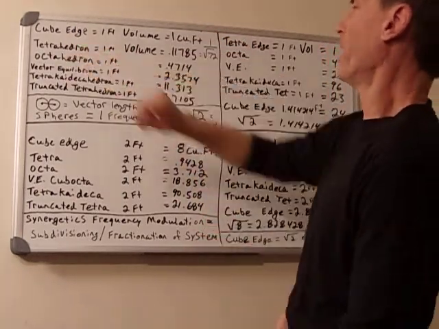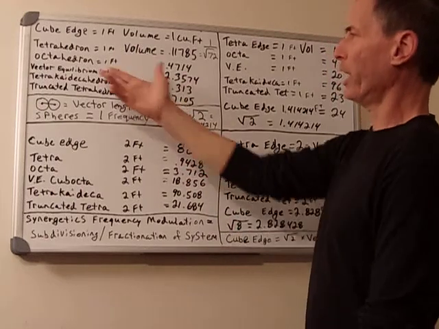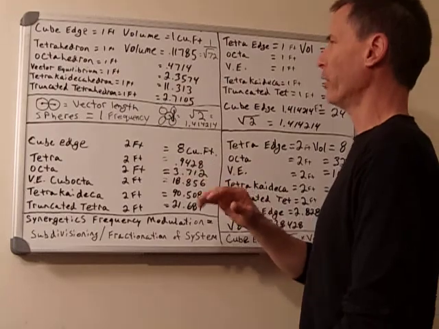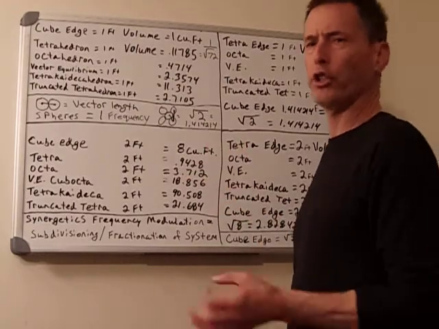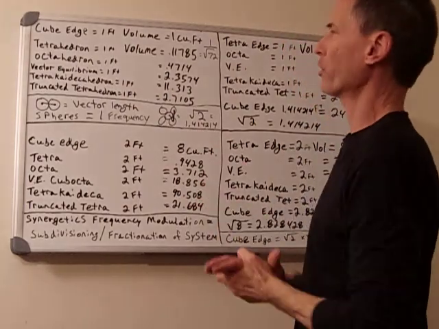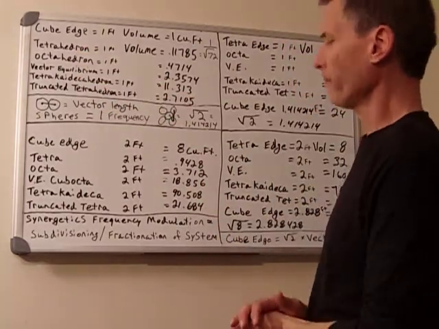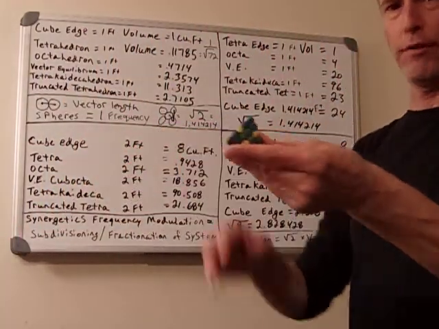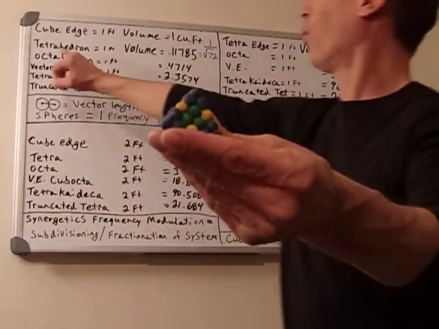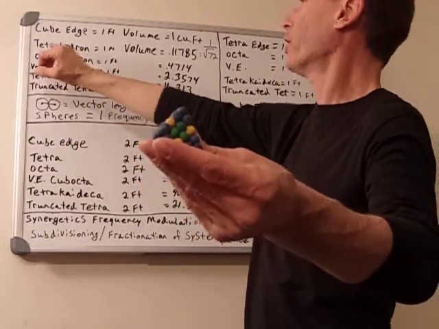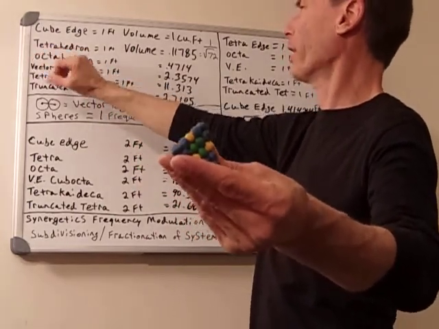The formulas for the tetrahedrons, octahedrons, vector equilibriums, tetracadecahedrons, and truncated tetrahedrons enable us to derive these values in accord with the cube's edge length. For instance, the tetrahedron, and that's this shape right here, in case any of you are familiar with different shapes: tetra means 4, hedra means face, so a tetrahedron is a 4-faced object.